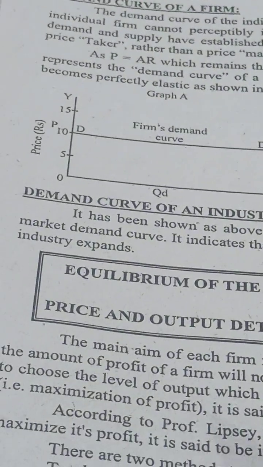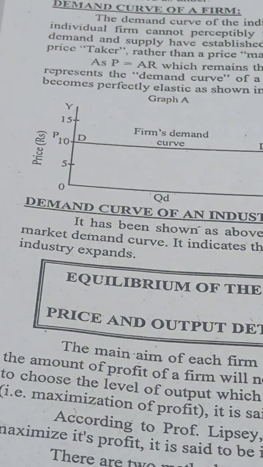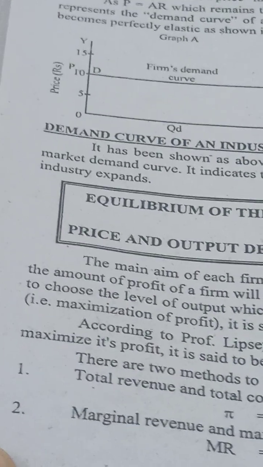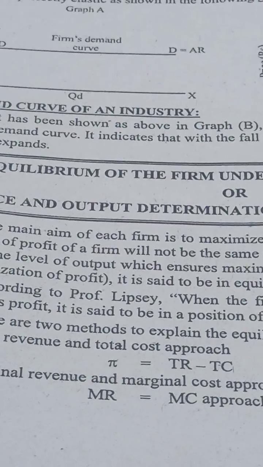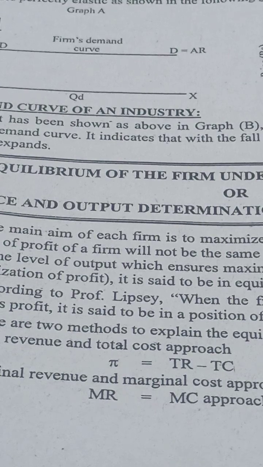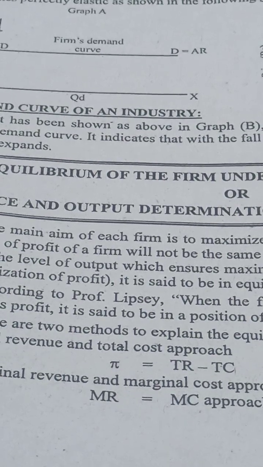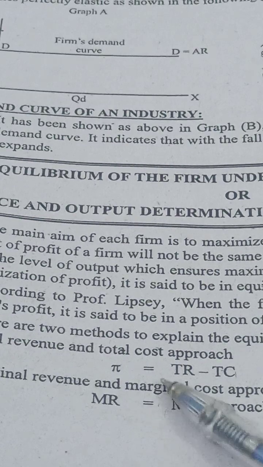Next is firm equilibrium. What is firm equilibrium? Firm equilibrium can be explained with two approaches or two methods. Number one is the total revenue and total cost method. Number two is the marginal revenue and marginal cost method.